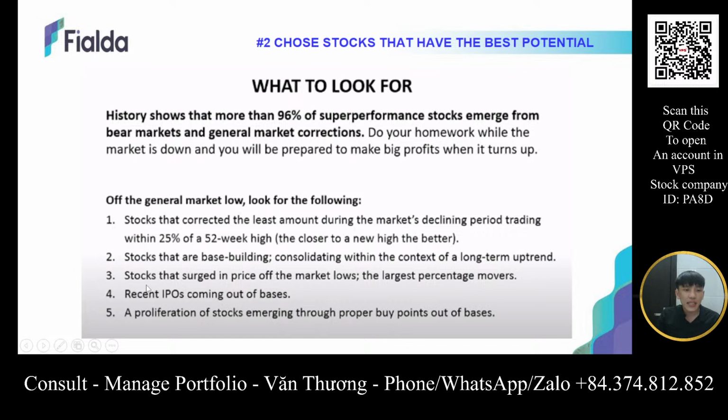Number three, stocks that show, in price, the largest percentage move off the market low. Number four, recent IPOs coming out of their bases. Number five, a proliferation of stocks emerging through proper buy points out of bases.